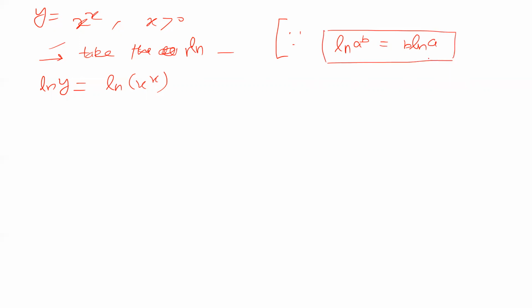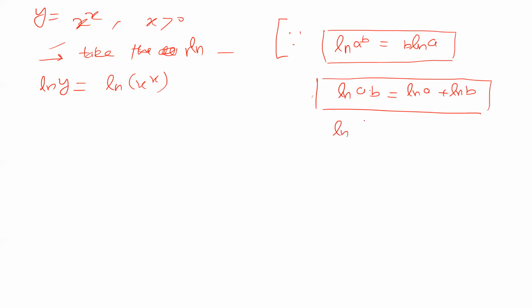And one more thing, if you have a into b, with base e understood, we write ln a plus ln b. In division, we can write ln a minus ln b.